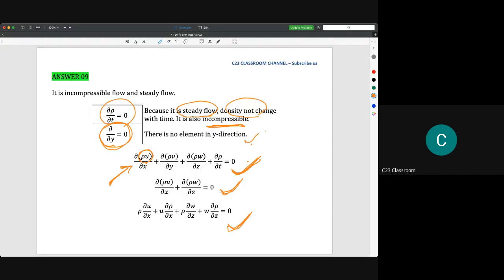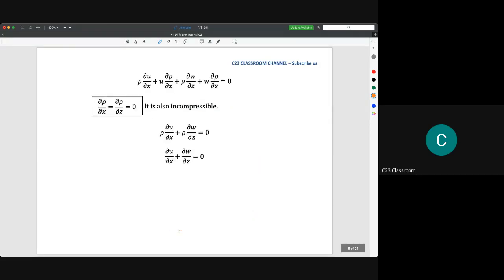And then if we expand this term, we could write this. I hope you know how to expand the partial differential terms into this form. Because we are dealing with incompressible flow, we assume that d rho dx and d rho dz are also equal to 0. So we zero the value of d rho dx and also d rho dz.